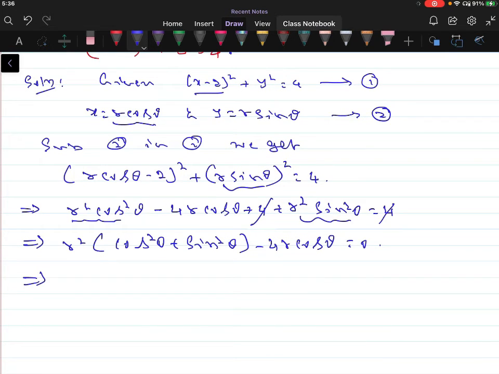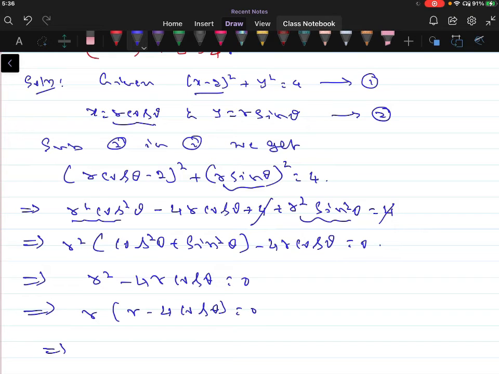So this implies r², with cos² θ + sin² θ being 1, minus 4r cos θ = 0. So this implies r(r − 4 cos θ) = 0.